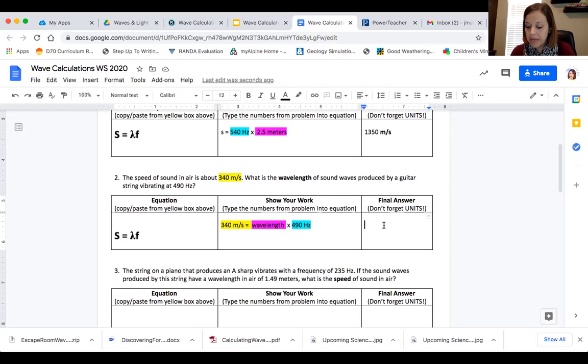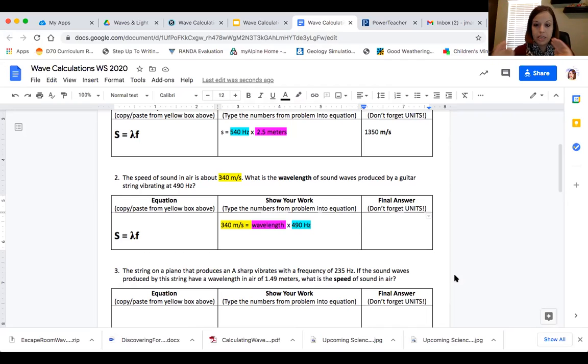So I know it's going to make me come up with a funky decimal number, but I'm going to take the speed, 340, divided by 490, okay? So when you go to do this, you can use a calculator. 340 divided by 490, and then we get a long decimal number. We're going to round that because this is science.